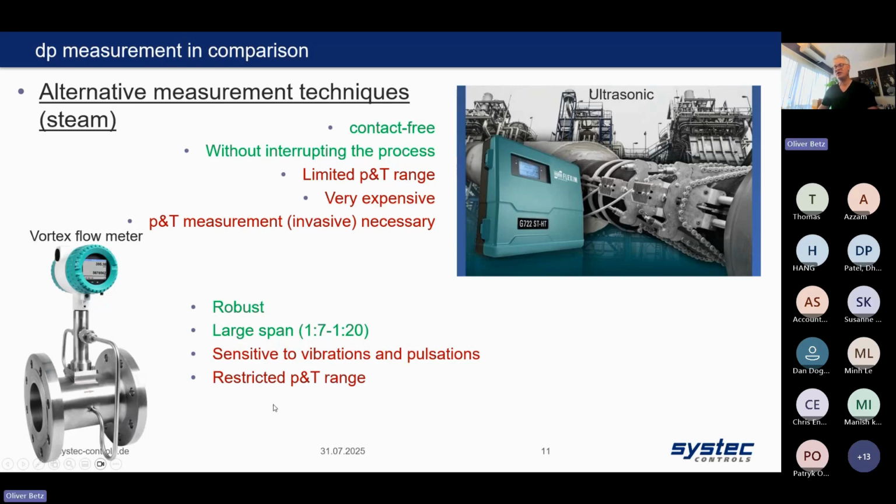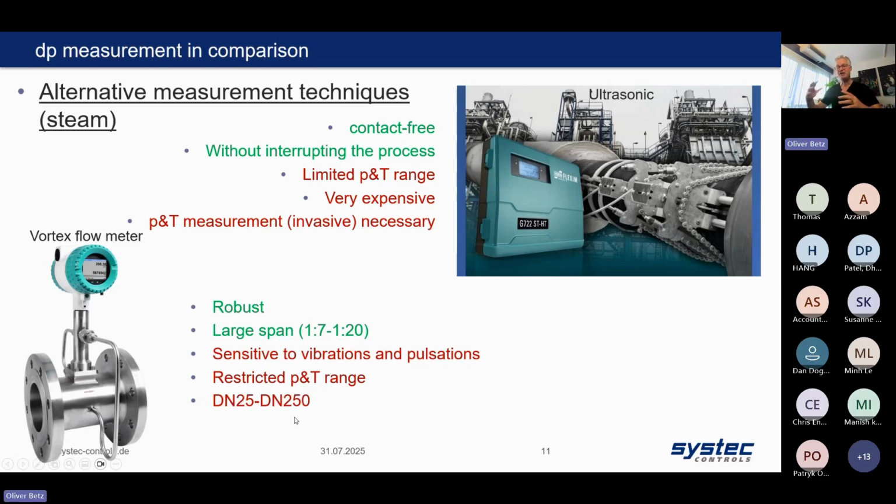There are also some restrictions in pressure and temperature. There are high temperature vortex meters, which get pretty expensive, but I think modern vortex meters usually end with the high temperature versions at 350 degrees Celsius. Not 100% sure. Probably there is a manufacturer going higher, but this range is the limitation.